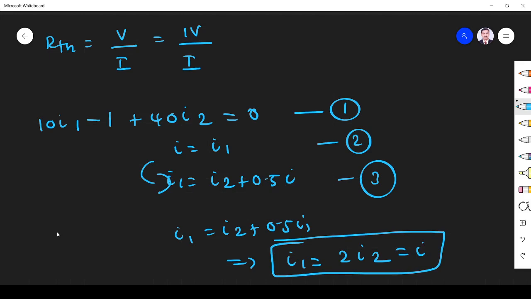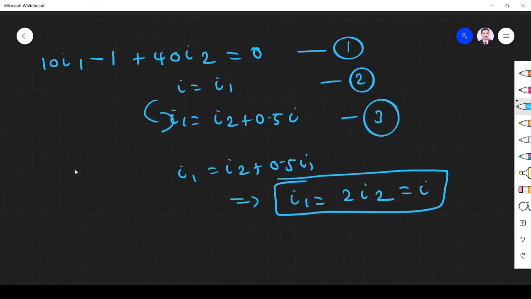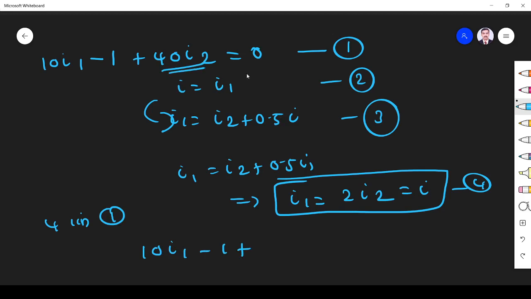Hereafter everything is simple. Now we substitute I2, since we know the relationship between I2 and I1. Substitute this in equation 1: 10 I1 minus 1 plus 40 I2. 40 I2 is equal to 20 I1, because 2 I2 is I1.